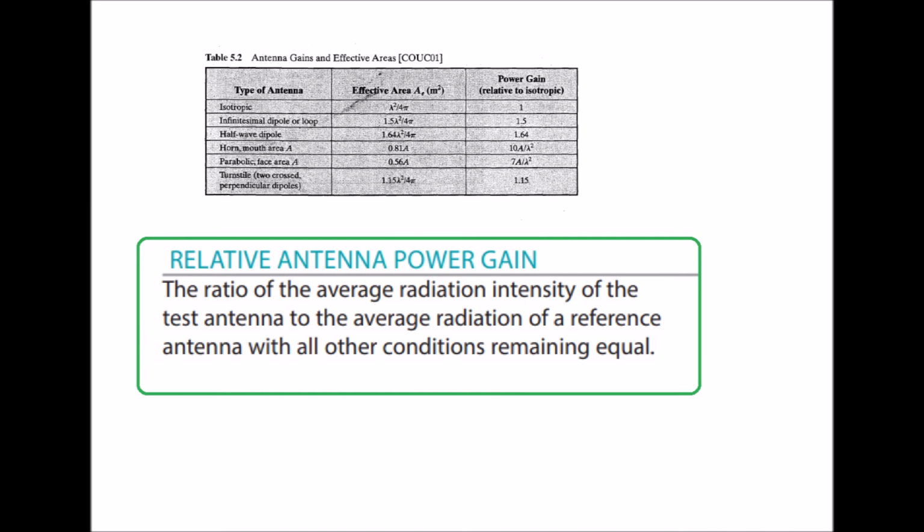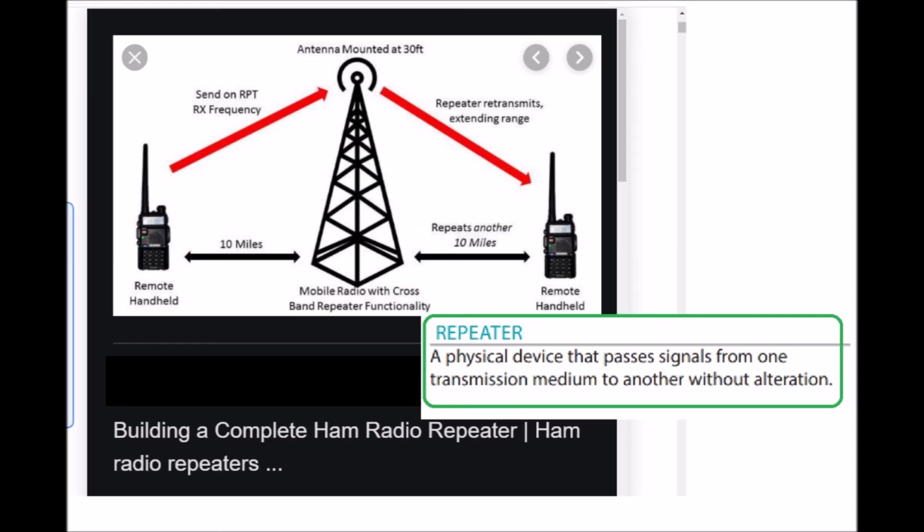The ratio of the average radiation intensity of the test antenna to the average radiation of a reference antenna with all other conditions remaining equal. Repeater. A physical device that passes signals from one transmission medium to another without alteration.